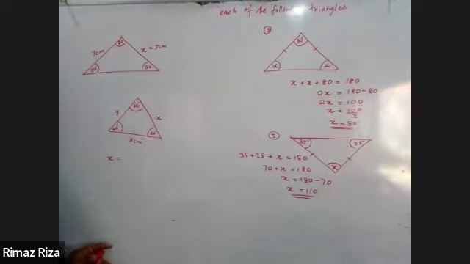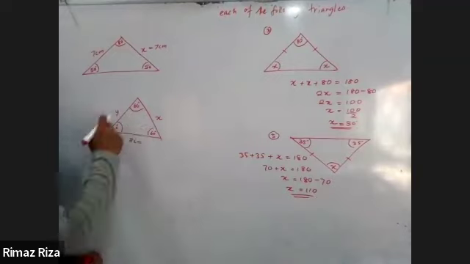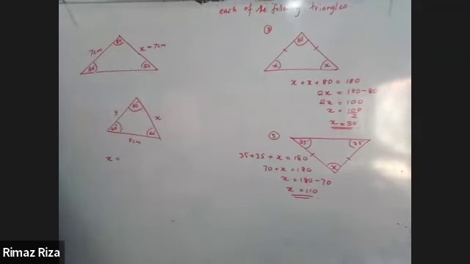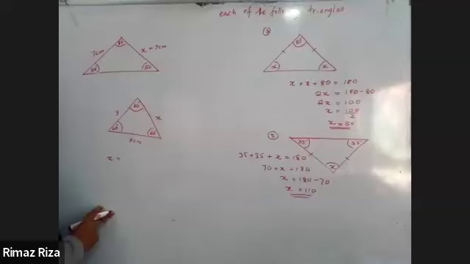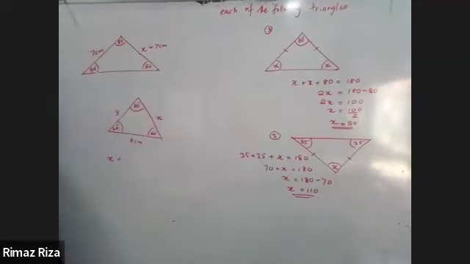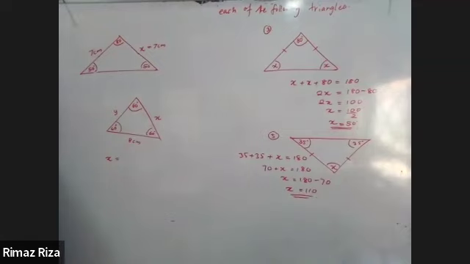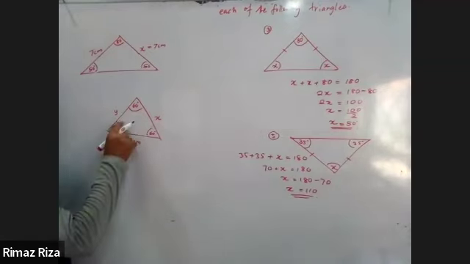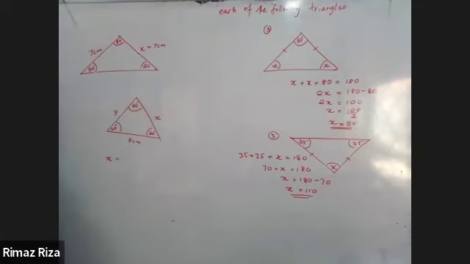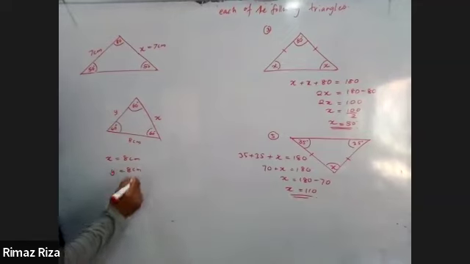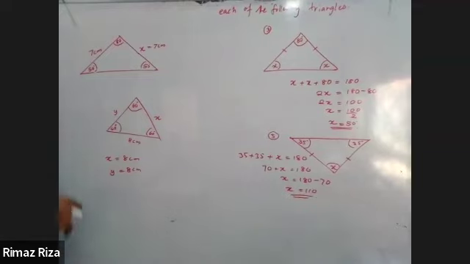Yusuf, what is this triangle? All angles are 60. What triangle? Today only you studied. Equilateral triangle. So an equilateral triangle means all sides are equal. So x equals 8 centimeter, y equals 8 centimeter. Understood? Okay. Based on this, I will give you some questions.